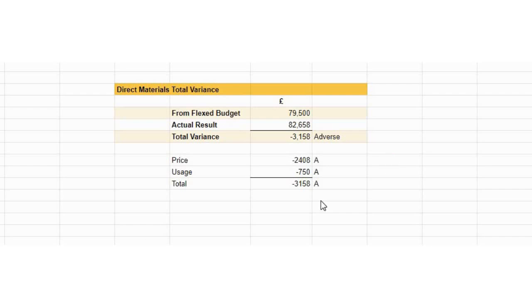One explanation for the price variance could be that the purchasing manager bought more expensive, higher quality material with a view to improving the yield or the usage, so that if he paid more for the material, then its usage variance would be favourable. But clearly that hasn't worked out in this case.